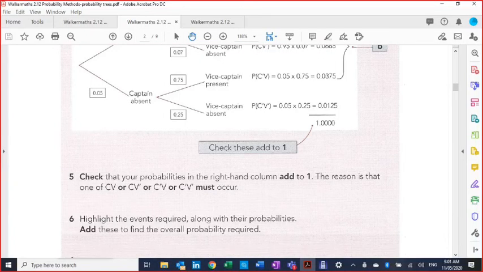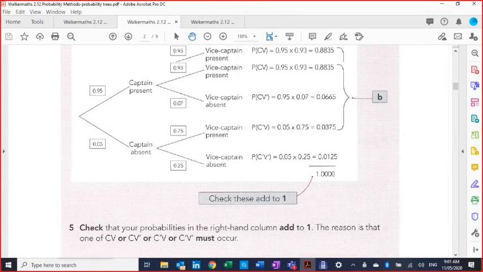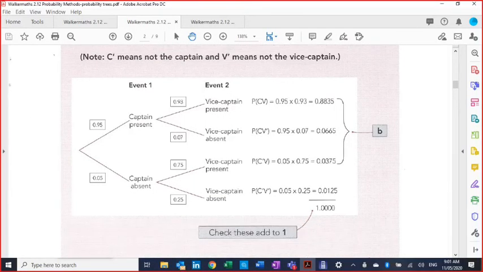So let's look at it. So we want the probability that the captain and vice captain are present. So we had questions. So the probability the captain and vice captain are both there. Now you can write that out in words just as easily if you want to.